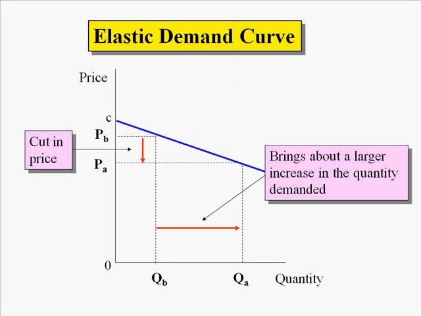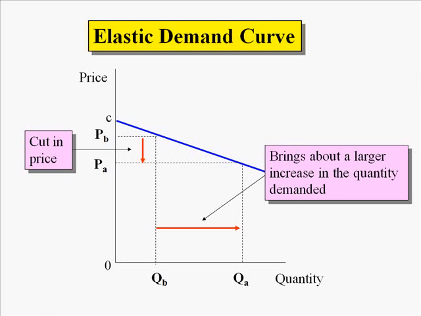Now that's great. Why are we learning this? Why do we need to know this stuff? An elastic demand curve is shown on my graph here, and we see price B to price A. If we go from price B to price A, we're looking at a drop in price, and all we've done here is put a price line in and put the quantity line where it touches the demand curve.